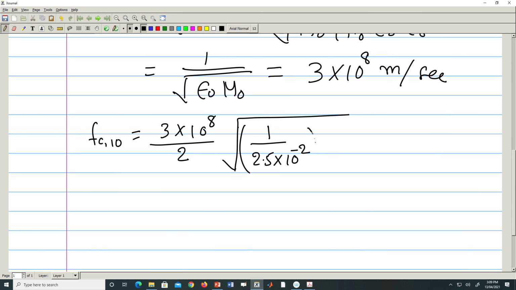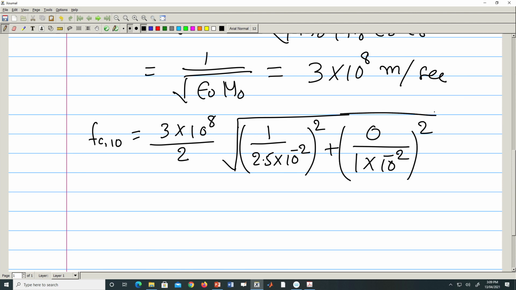A is 2.5 centimeter, but we have to keep it in meter. From this the 100 will come out, and then 1 by 2.5 gives 6 gigahertz. So the cutoff frequency for the TE10 mode will be 6 gigahertz.